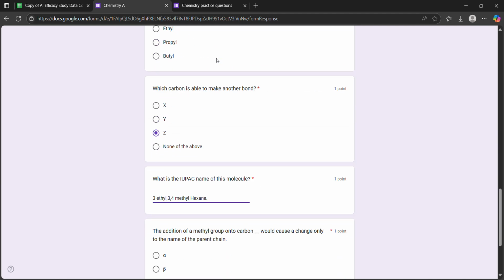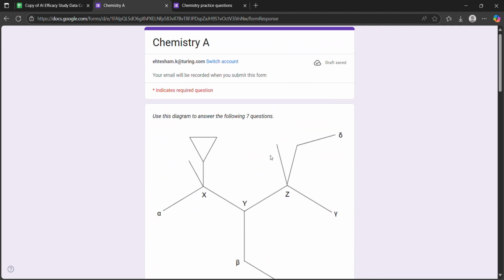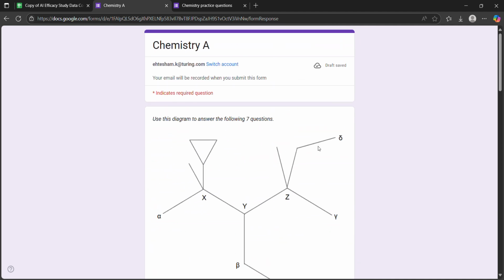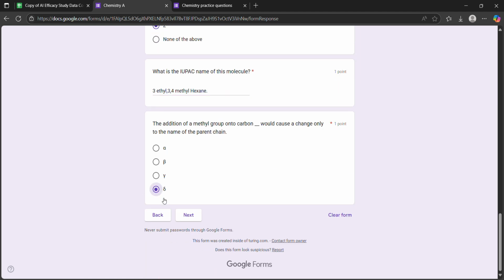I think it would be the last in the parent chain, that is from alpha X, Y, Z, delta. If we add to delta, so let's go with delta.